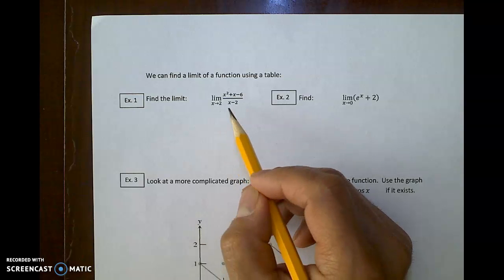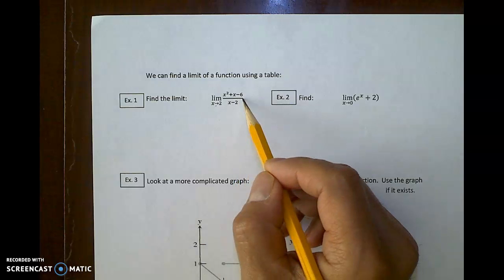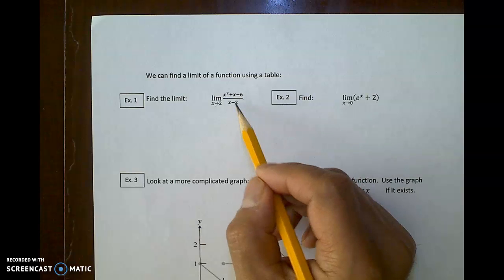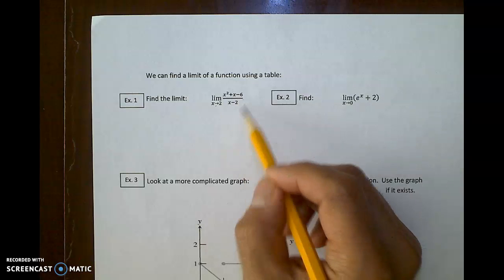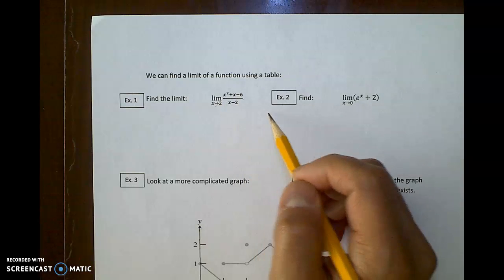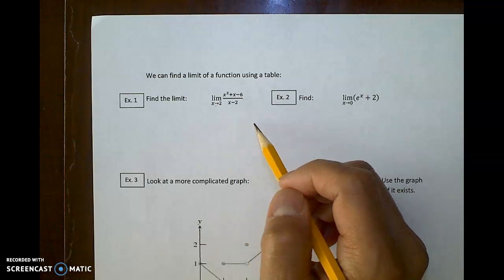Now you notice that if we plugged in the value of 2 for x, the denominator goes to 0, which would make it undefined. You can't have 0 in the denominator of a fraction.